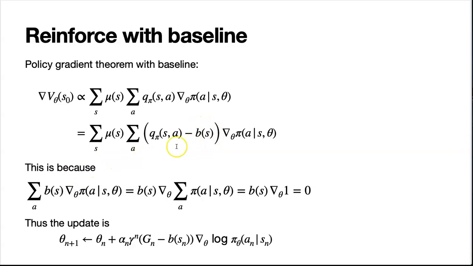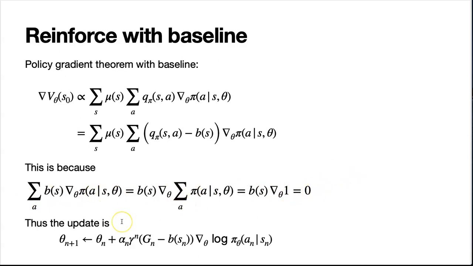This can be done because the new term that we introduce is actually what we have written out here, which is the summation over a of b(s) times the gradient of pi a given s. This summation term can be taken inside the gradient, and because the summation over a for all the actions for the policy pi is actually 1, we get the gradient of 1, which is 0.